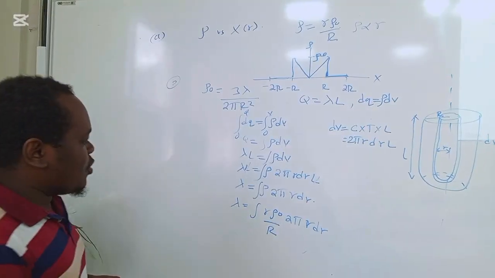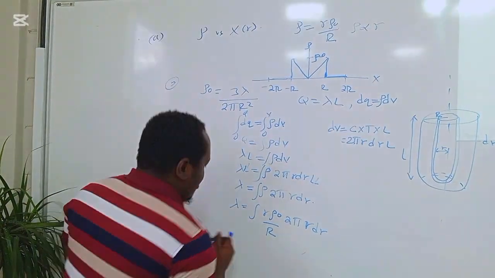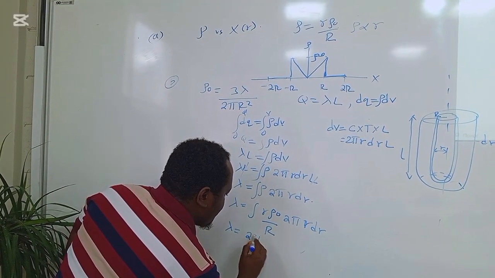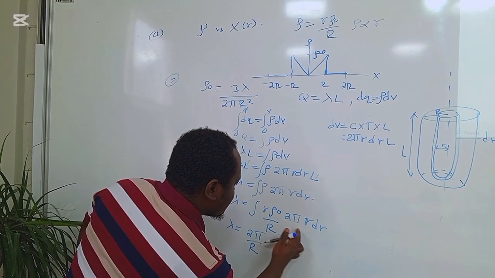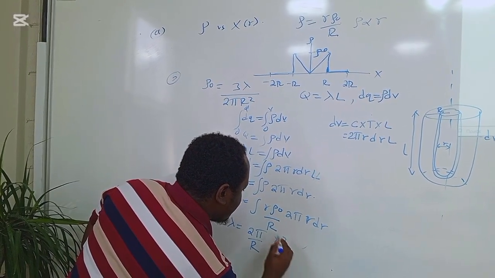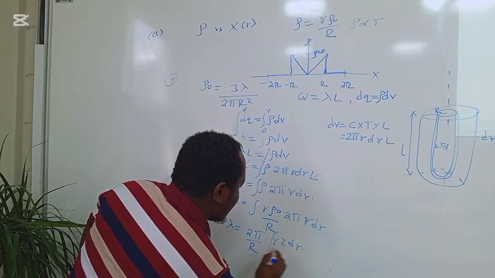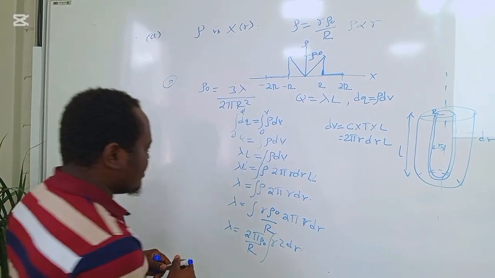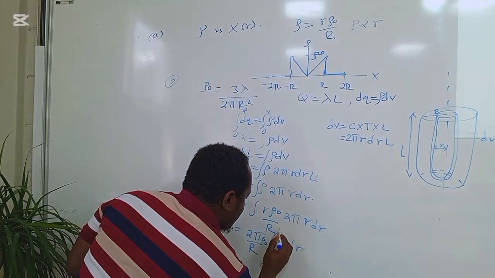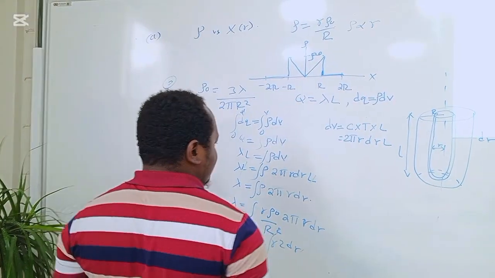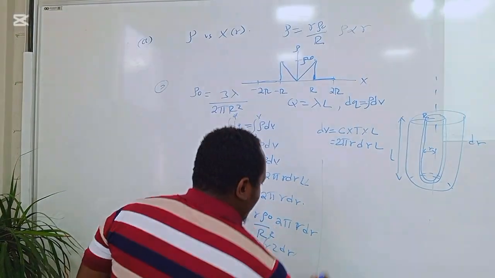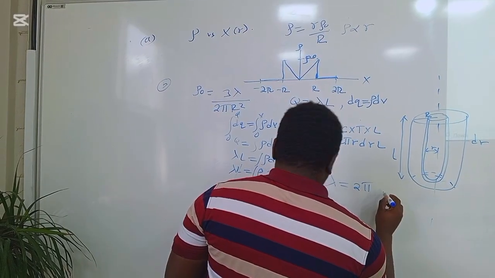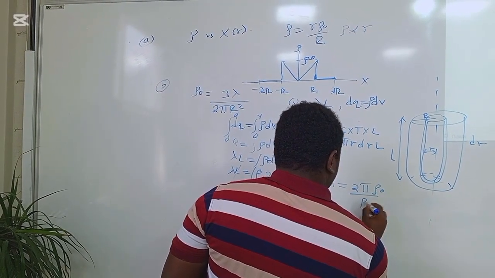Okay? So put the constant out, we'll have lambda is equal to 2 pi rho naught over R capital, also it's constant, r squared will be inside, dr. Okay, then let's integrate from 0 to R capital, because this is seen as radius r. Then what will happen? We'll come here to be lambda is equal to 2 pi rho naught divided by R capital.